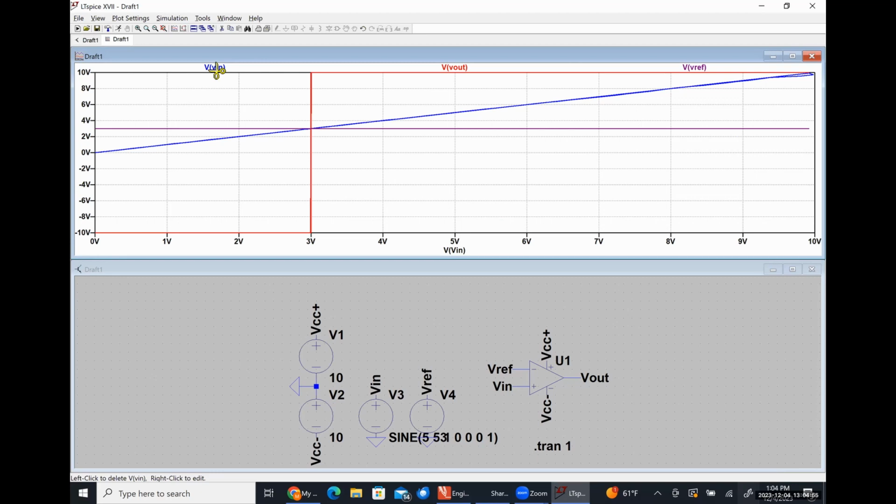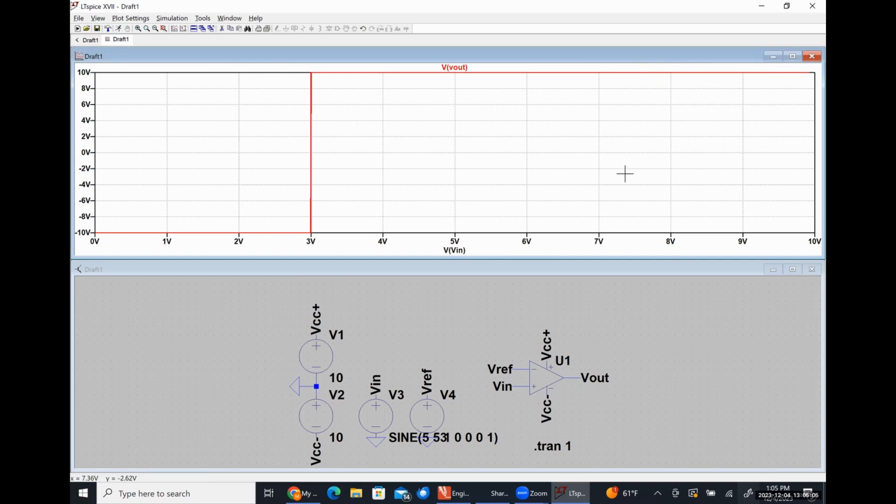That's just a line with a slope of 1. And I also don't need my reference voltage here because it's already up there, effectively. So now I can see very explicitly my output is low until my input voltage hits 3 volts, at which point the output changes states and stays at VCC plus. Right? So this is how we get the exact graph that we plotted. Just as a heads up, I'm expecting graphs like this on your homework. Okay.